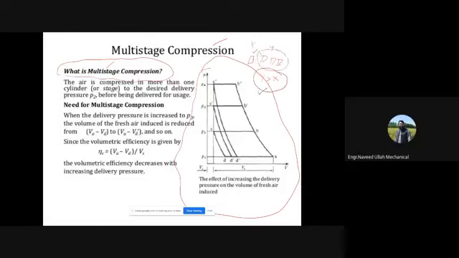You are using, for having 3-stage air compression, more than one cylinder and more than one stage. So it will cost you. Okay, how can you justify this cost, or how is this process of multi-staging cost effective?